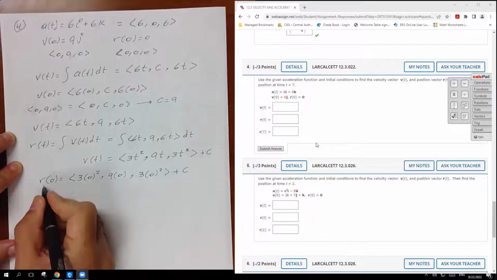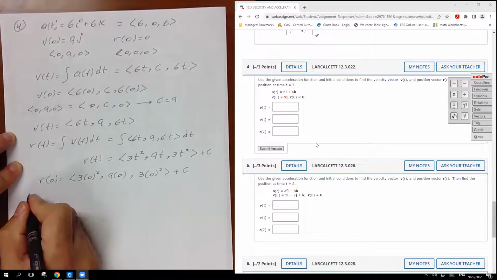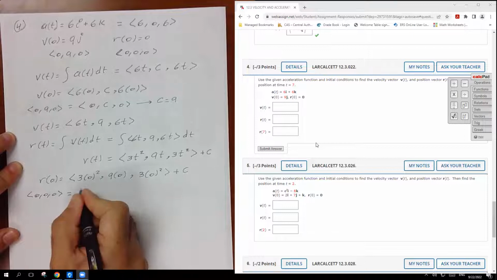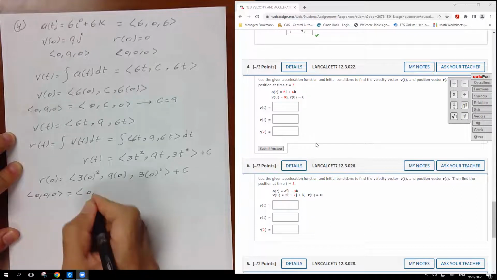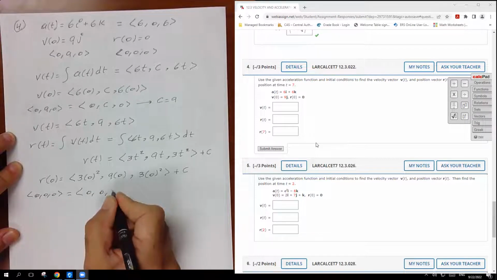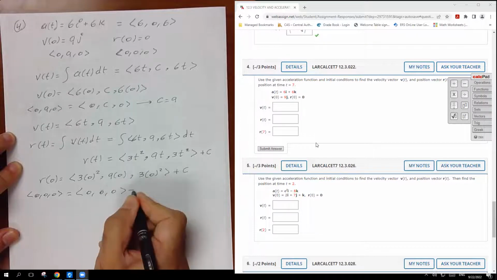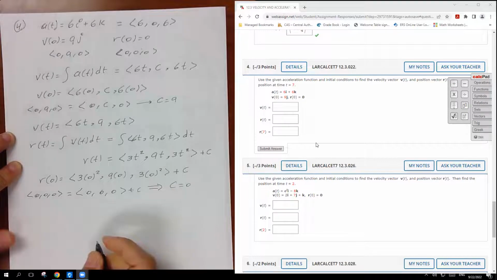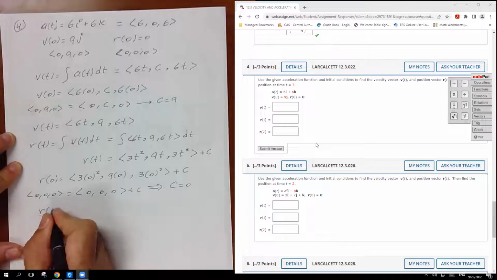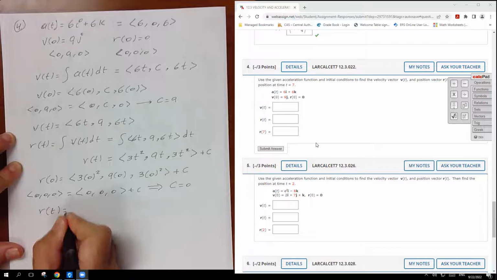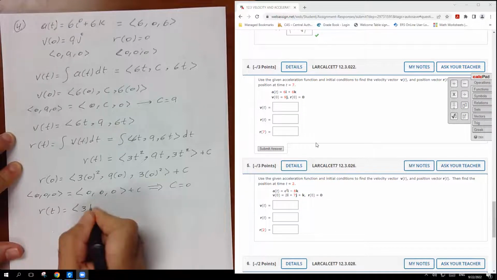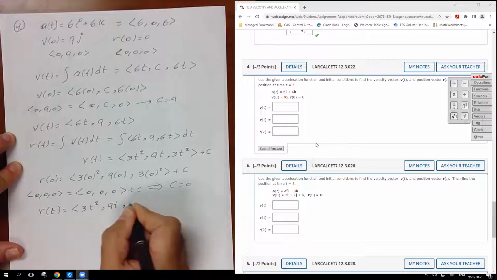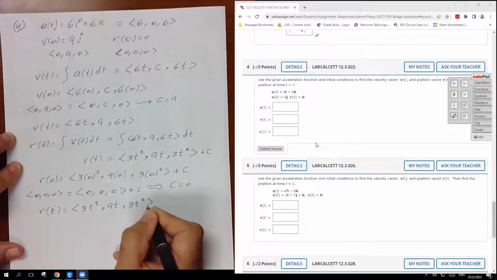Then the position vector, which is the vector, sorry, not the point, equals 0, and here 0, and this one is also 0, plus c. That means c equals 0. So our position vector with respect to the t is going to be 3t squared and 9t and 3t squared. This is our position vector.